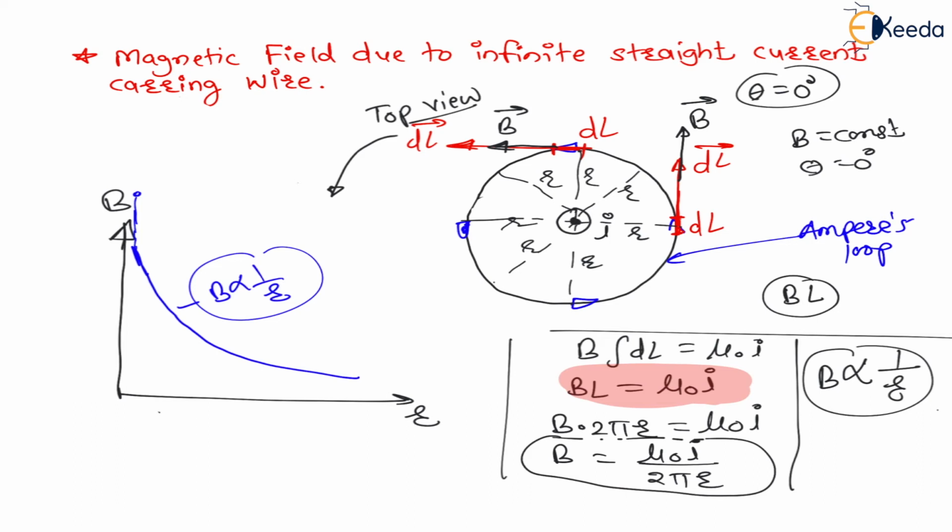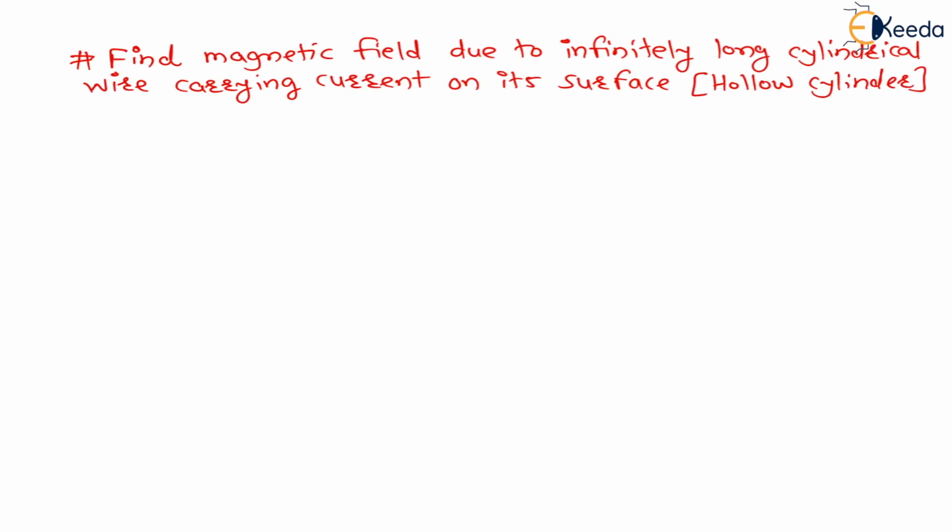Now let us understand the second case. That is, find the magnetic field. Here we have to find the strength of the magnetic field, that is the B field, right? I will highlight this: magnetic field due to an infinitely long cylindrical wire. Now the wire is an infinitely long cylindrical current carrying wire, carrying current on its surface.